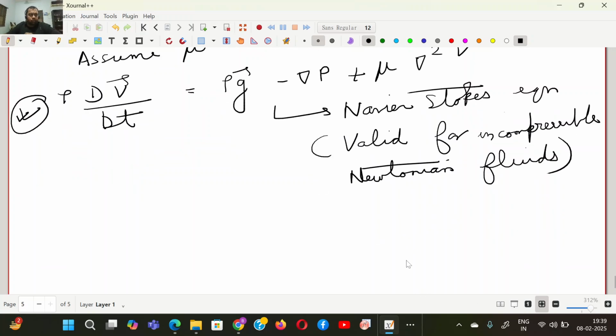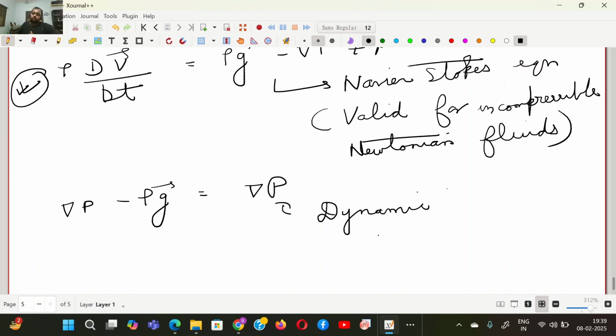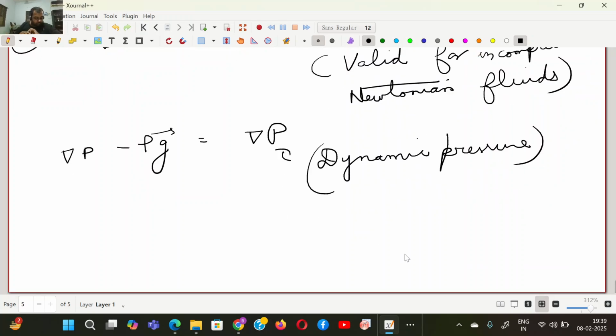We'll also solve two or three problems related to the Navier-Stokes equation. This del P minus rho g, in some books, they define as something called dynamic pressure. Just for the sake of completion, I'm telling this. So it reduces to this form.